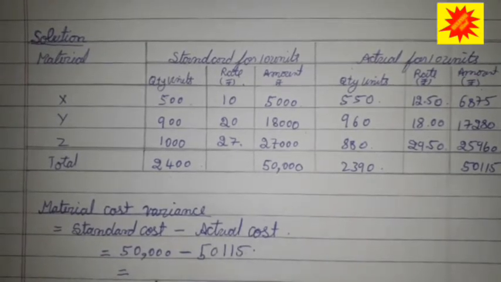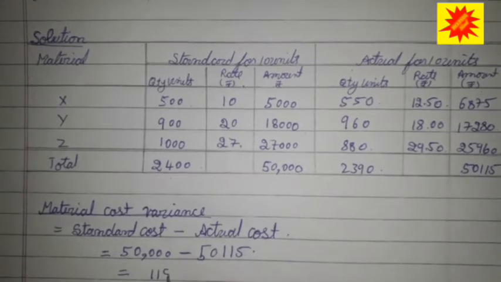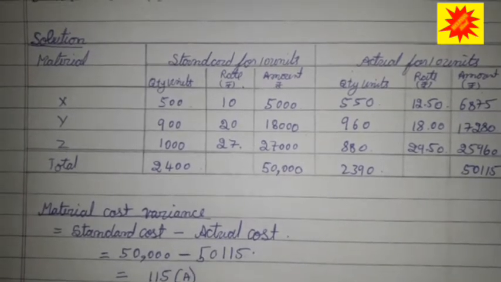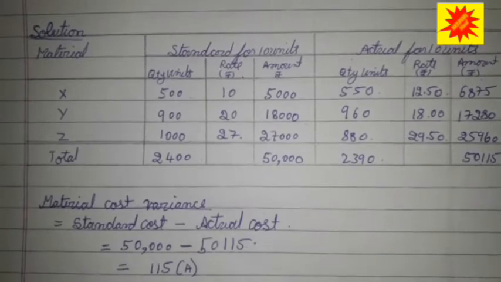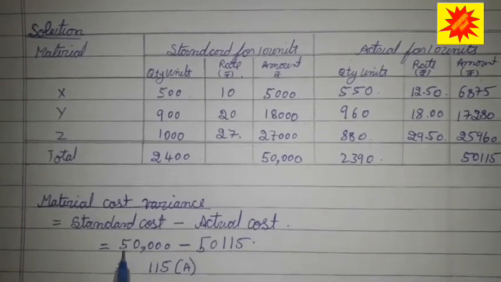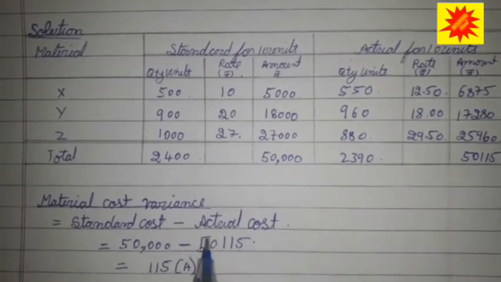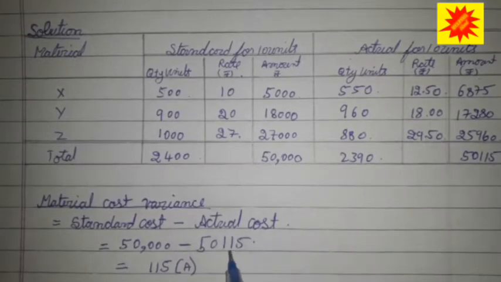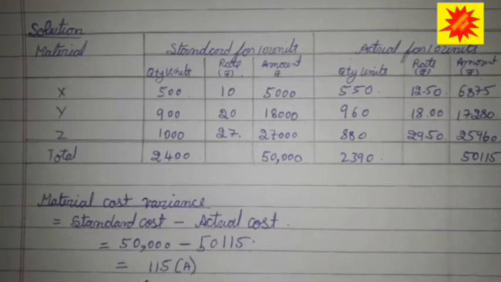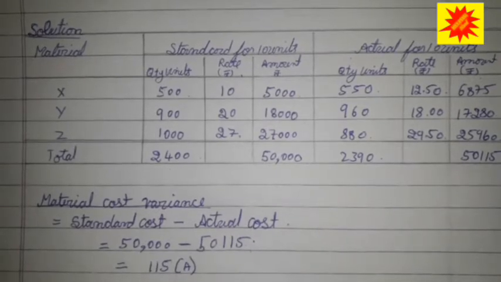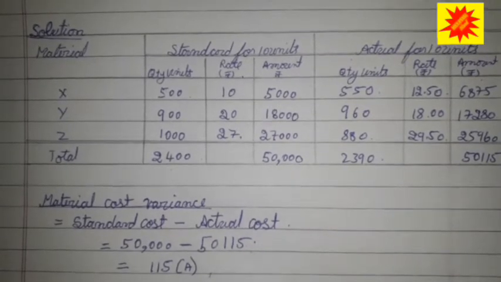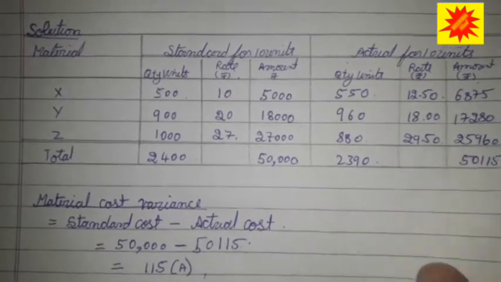When it is negative, we record it as adverse because it is not favorable to us. Is it favorable? No, it is an adverse effect. We were expecting it to be 50,000, whereas the actual we have incurred is 50,115. There is a 115 extra cost incurred. So that is our adverse effect. So 115 adverse we record, right?